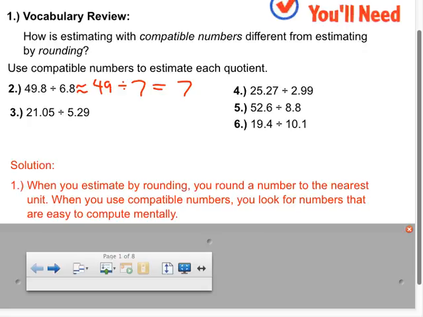Does 22 divide by 6 without a remainder? No. Can we get some numbers that are close to these two numbers that won't give us remainders? 21 and, Akpana? 20 divided by 5.